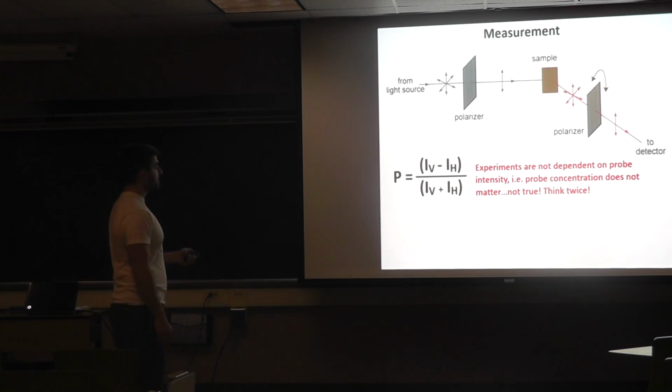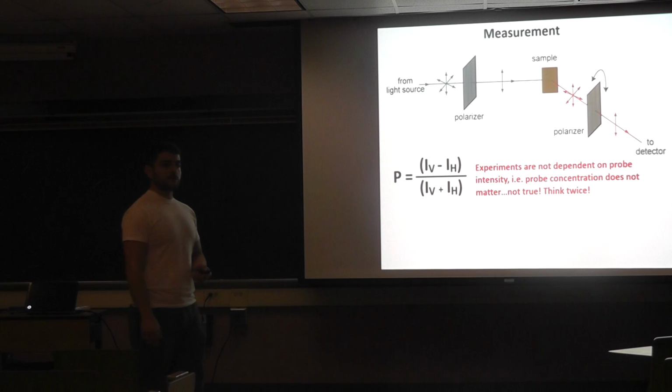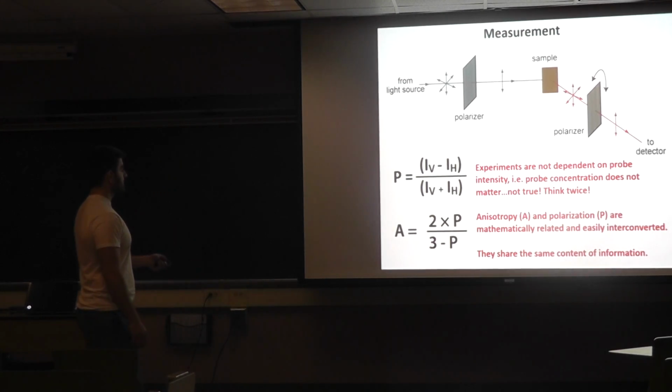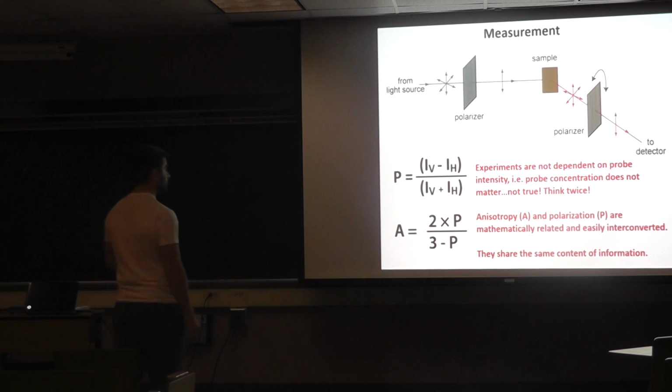In addition to polarization, you will also hear the term anisotropy. If you have the polarization value, it is really easy to convert it to an anisotropy value. Mathematically, they're related, so there is pretty much no difference. They share the same information content, so you're not getting more information out of one or the other.